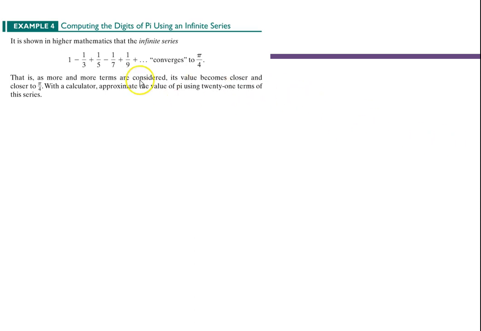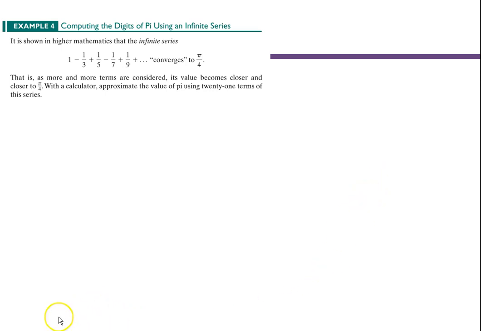Okay, now this one, as we mentioned from higher mathematics, is what we call an infinite series, which converges to the ratio of pi over 4. All right? Again, you don't have to know this, and I don't believe you have this in your booklet.